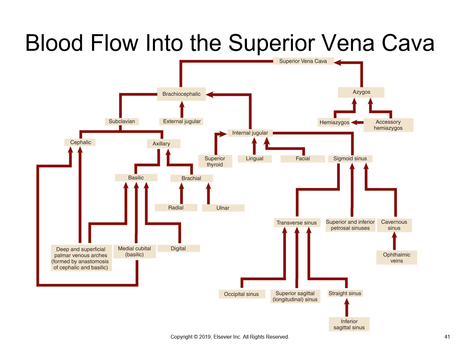We're looking at a very, very busy slide again: blood flow into the superior vena cava. So we're looking at the pathways that not only the upper extremity takes, but also the veins in the head as well.